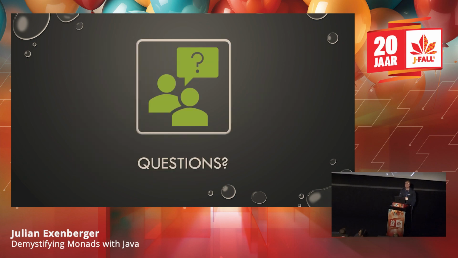Do you see this one monad as an addition to Java, or do you encourage people to write their own monads? Because other than these that we have, the optional, the stream, the either, do you see more new monads, or do you just say use this one monad more?